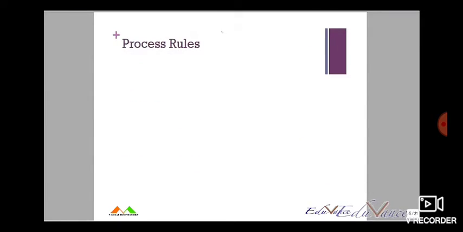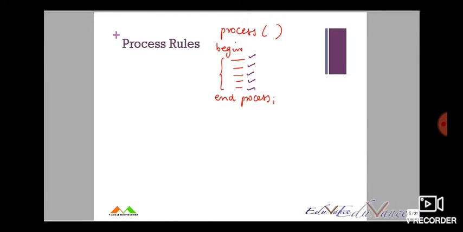If I write a process, let's say process begin, then whatever statements I write inside a process, and then I write end process, all these statements will execute sequentially one after the other.